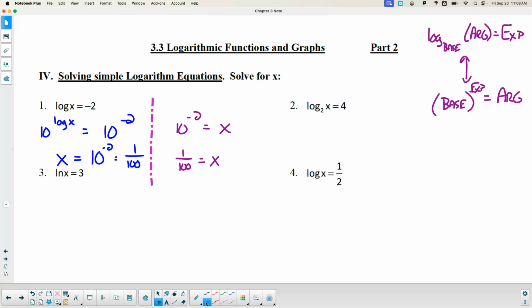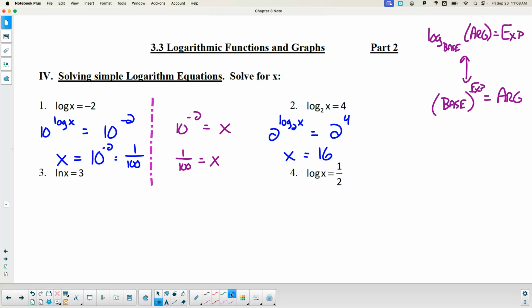Log base 2 of x equals 4. If I do it the first way, I would take 2 to the power of both sides: 2 to the log base 2 of x equals 2 to the 4th, and this left side just cancels everything out other than the x, and 2 to the 4th is 16.